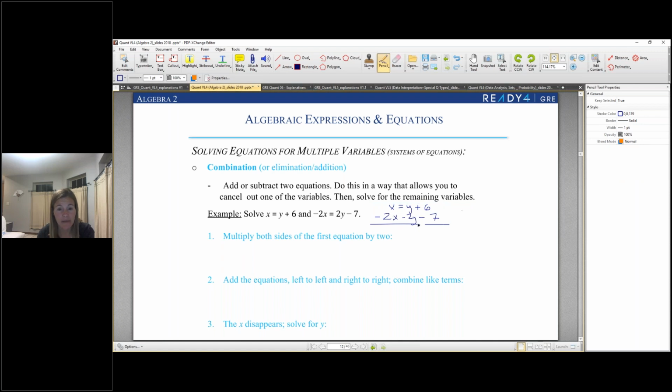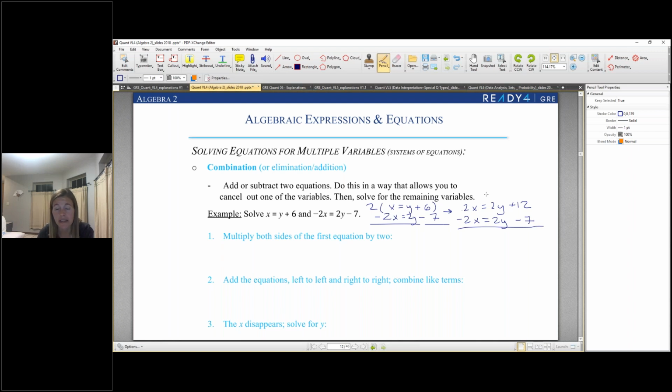But if I multiply this equation by 2, then what I'm left with is 2x is equal to 2y plus 12. And I'm not going to touch the bottom equation. I'm going to leave it just like it was.